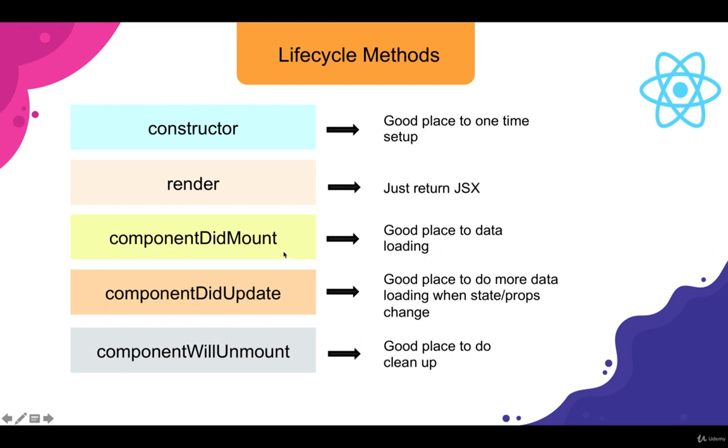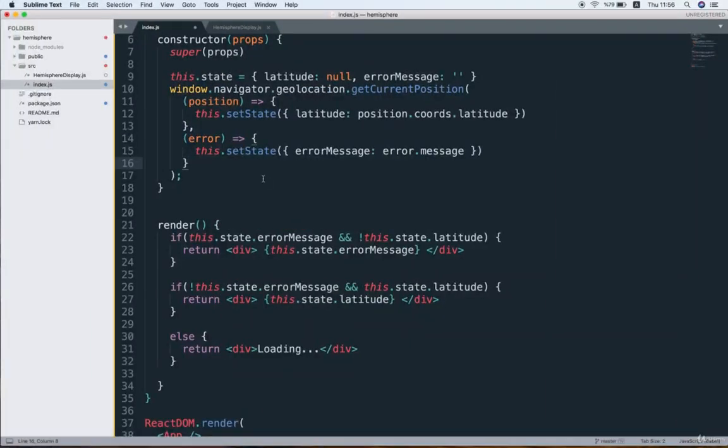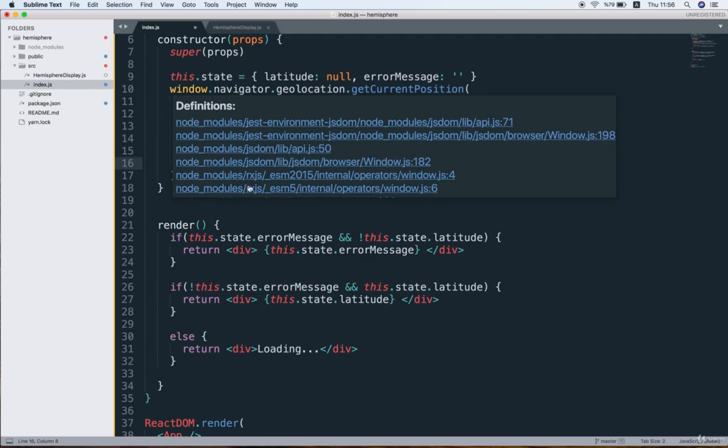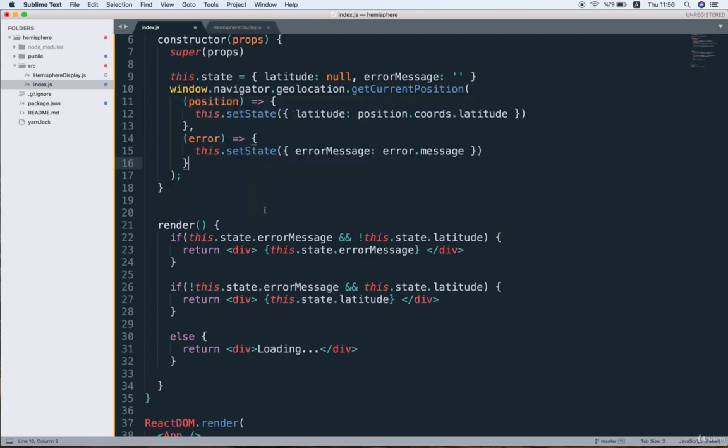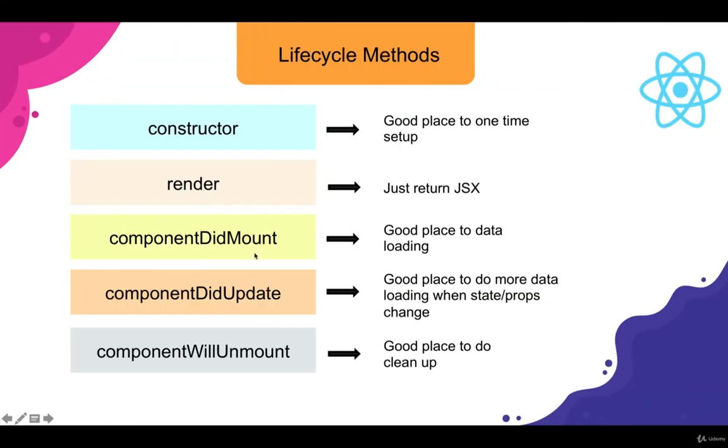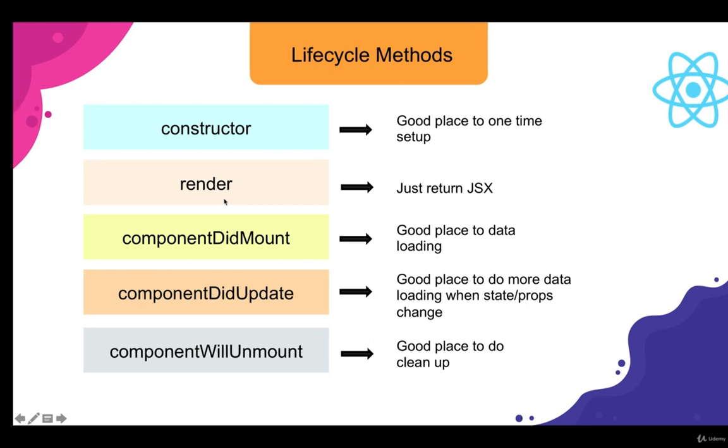So I'll tell you what, we're going to take that advice right now and define a componentDidMount method, and we're going to move our getCurrentPosition call inside the componentDidMount lifecycle method. But right now, we're going to finish talking about these last few lifecycle methods. So next up is the render method. Now, I think you already pretty well understand what's going on with the render method, yes?